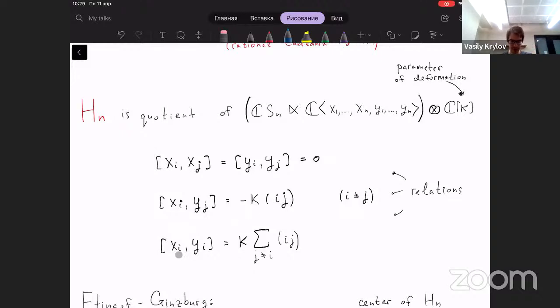And the commutator of Xi and Yi is equal to kappa times the sum of all transpositions of the form (ij), j not equal to i. You see that if you put kappa equal to 0, you will just get that x's and y's commute. And this is a certain non-commutative deformation.